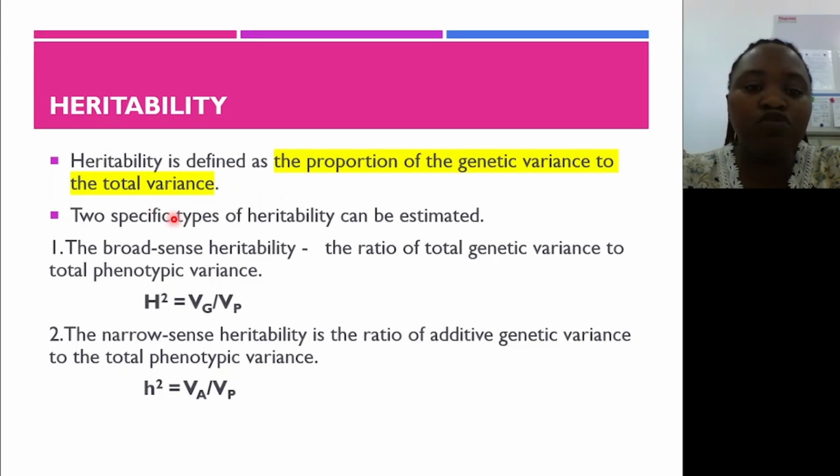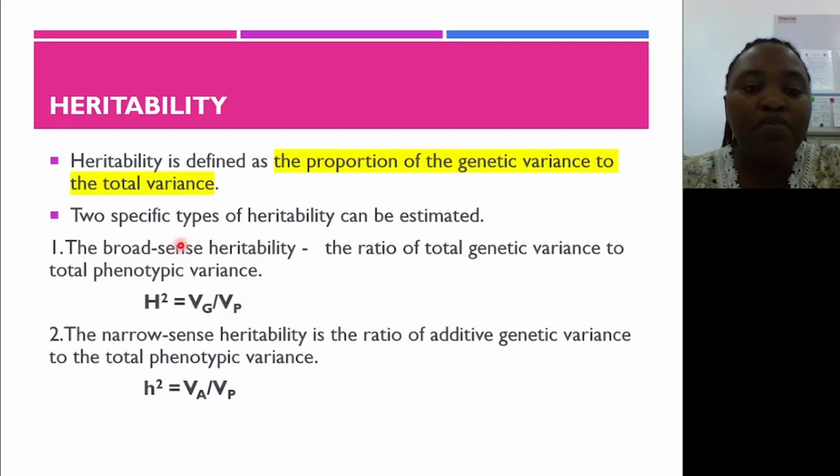So we normally have two specific types of heritability that we can estimate. We have broad sense heritability and narrow sense heritability. The broad sense heritability is the ratio of total genetic variance to the total phenotypic variance. Remember, we have already looked at the total genetic variance, which is given by Vg, and the total phenotypic variance, which is given by Vp.